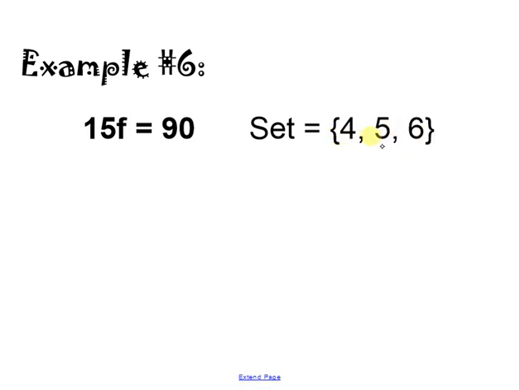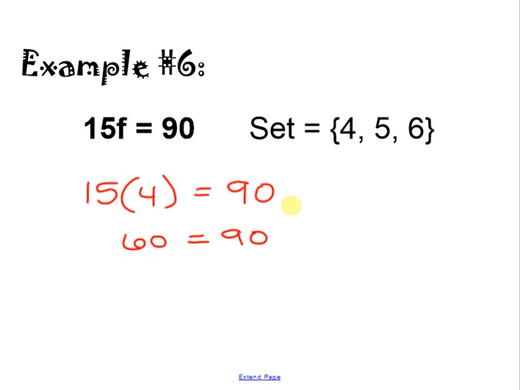Okay, let's move on to example number 6 here. So again, I have a set of 3 numbers, and I need to figure out which one makes this equation true. So I have 15 times, and I'm going to use 4 first, equals 90. So put it in your calculator, 15 times 4. It should give you 60 equals 90.